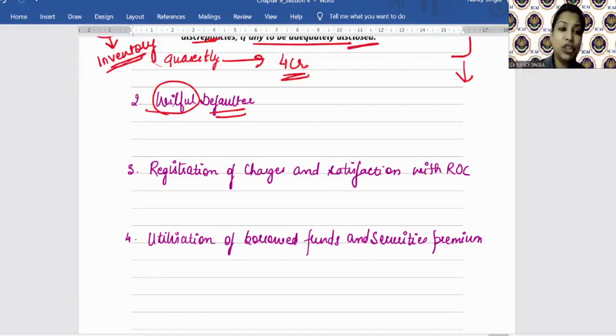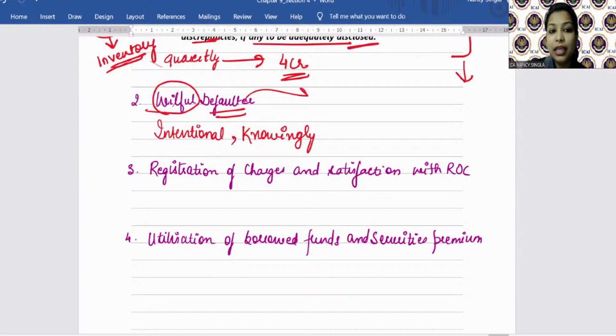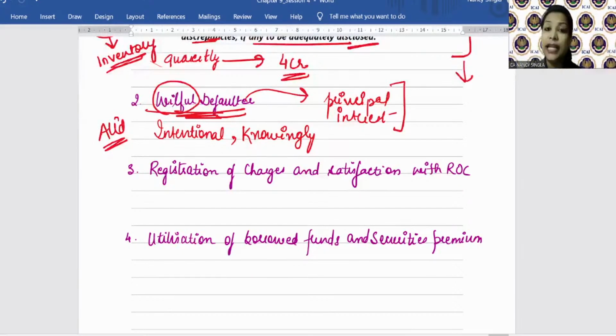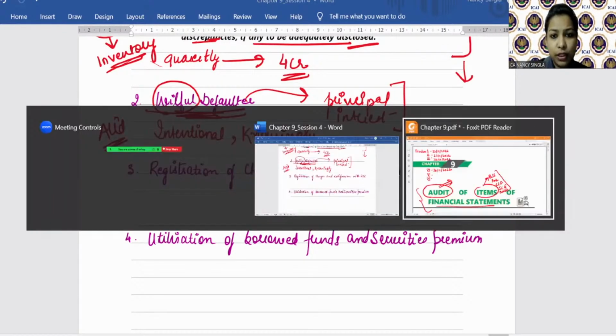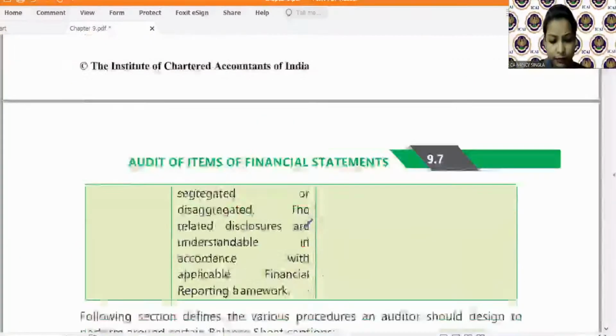So what is willful? Intentional or knowingly. And what does default mean? If the company has not paid the principal or the interest. So if we combine both words, it means that the limited company has intentionally not repaid, has intentionally defaulted. Okay? So first let us have a look at this clause from the module and then we will discuss.